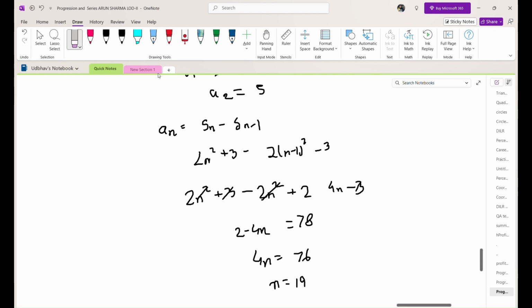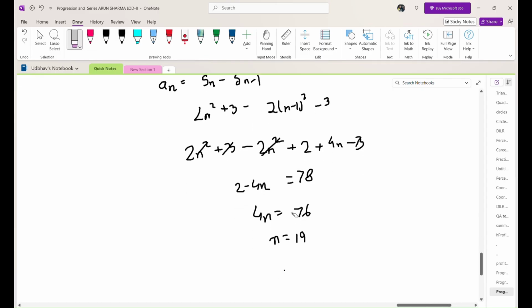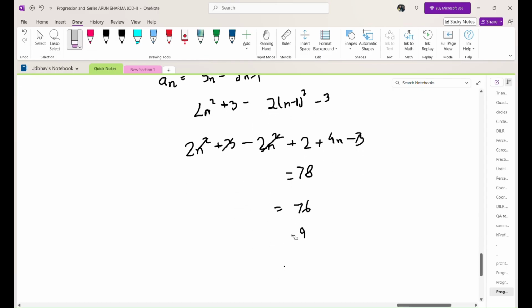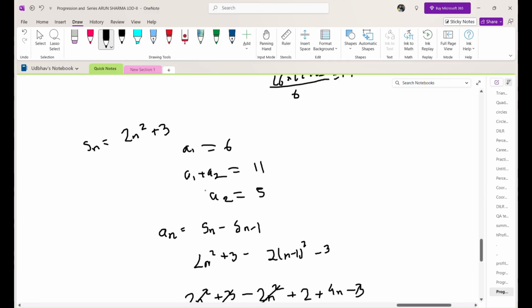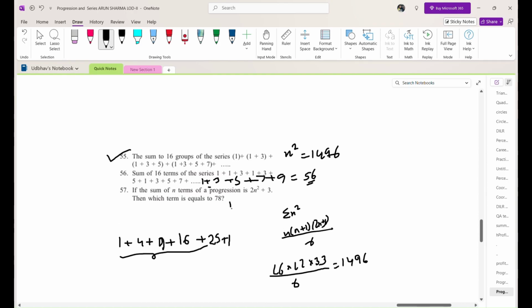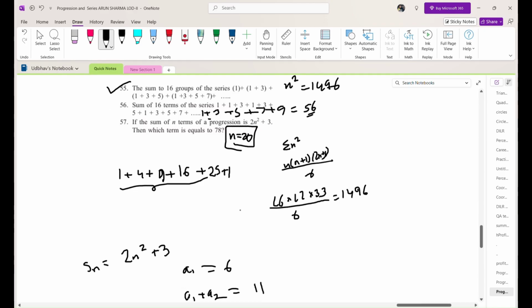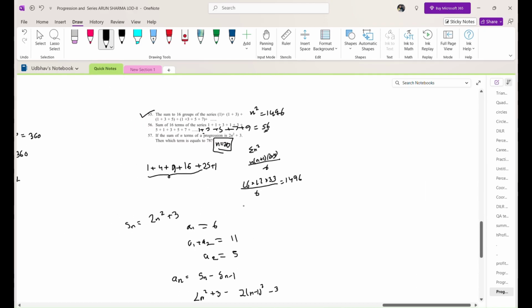Oh, and this will be plus. 4n minus 2. 4n is 80, n is 20. 20th term of this series will be 78.